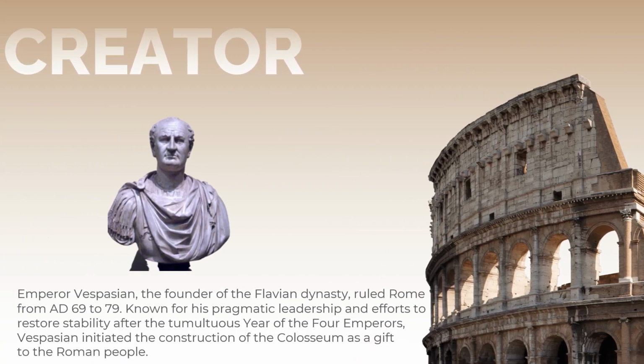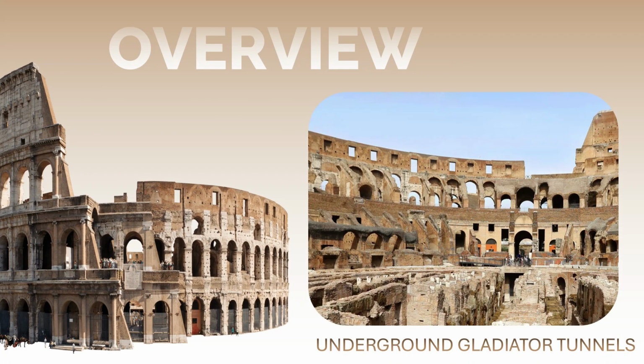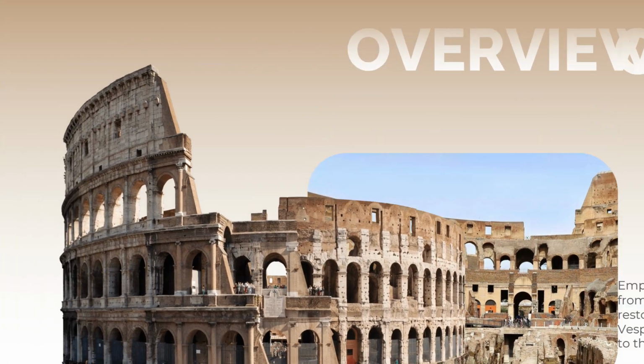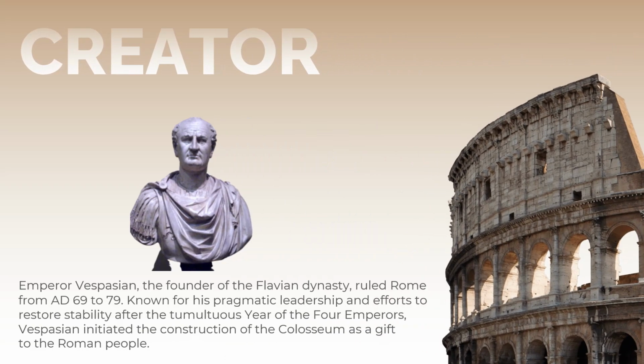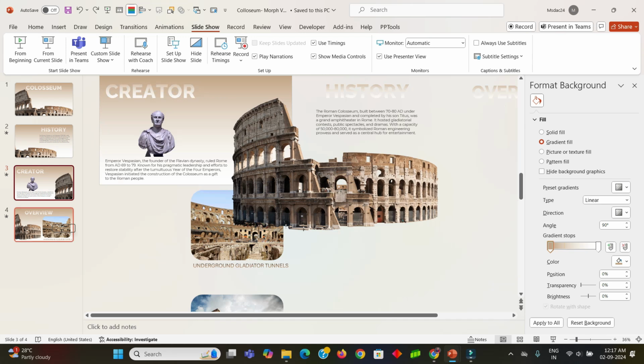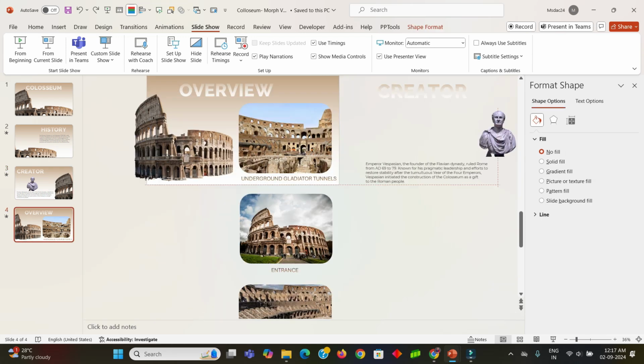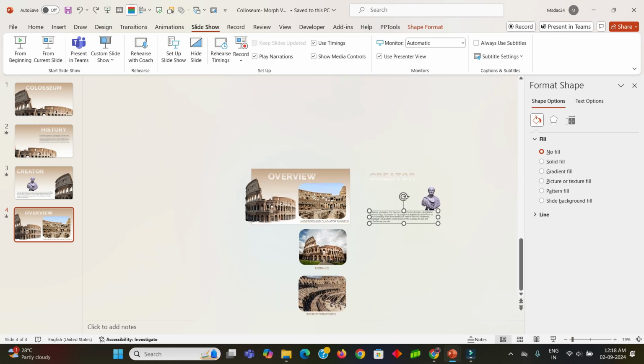Alright, it looks good, but let's make some modifications in slide 3, I mean slide 4. Alright, let's go to slide 4 and bring the text towards the left side.